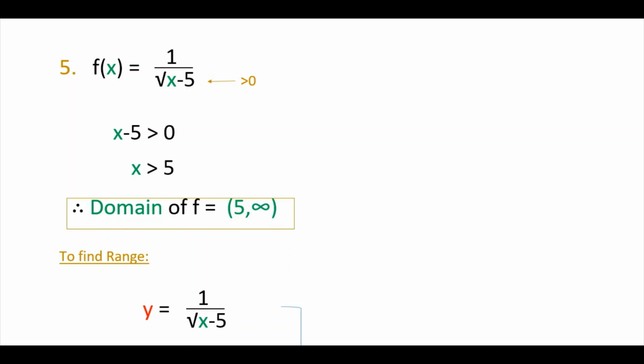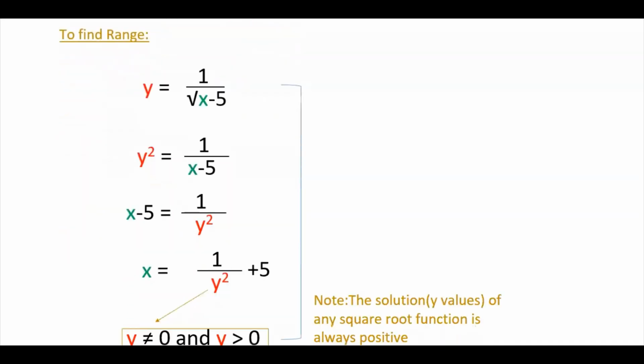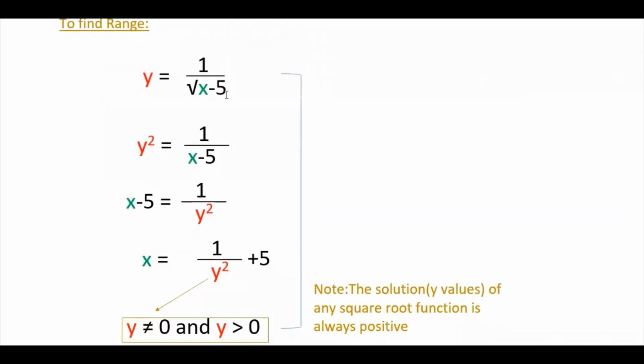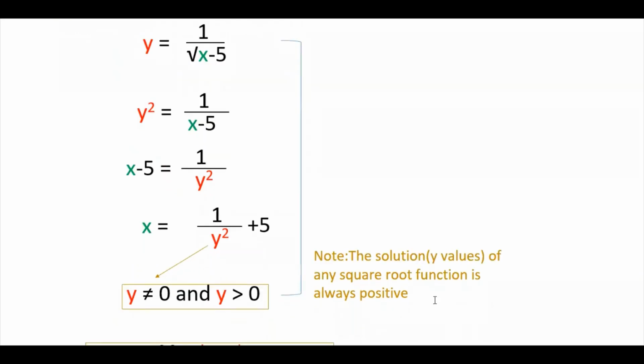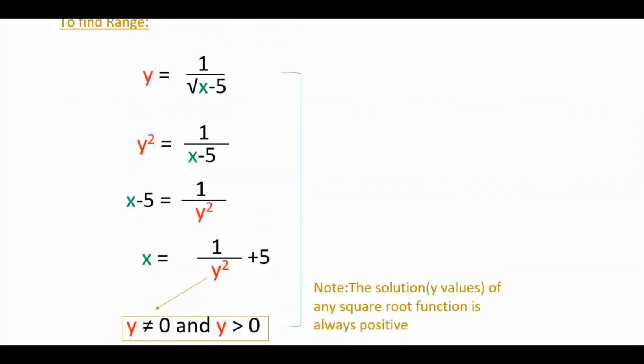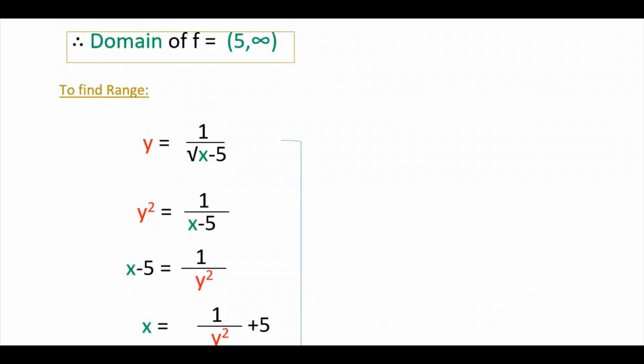And to find the range, you have to write x in terms of y. y is equal to 1 by square root of x minus 5. Then on squaring both sides, y square is equal to 1 by x minus 5. Then x minus 5 is equal to 1 by y square. Therefore, x is equal to 1 by y square plus 5. If you see here, y is in the denominator, so it is not equal to 0. And here, if you see the function, it is in the square root.